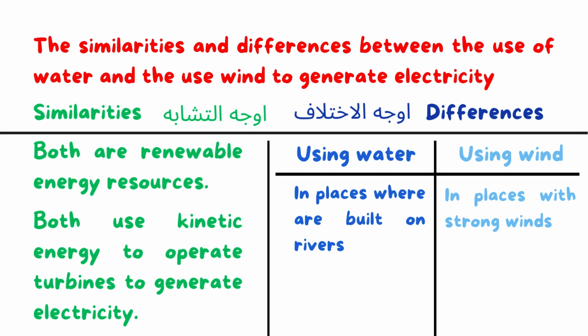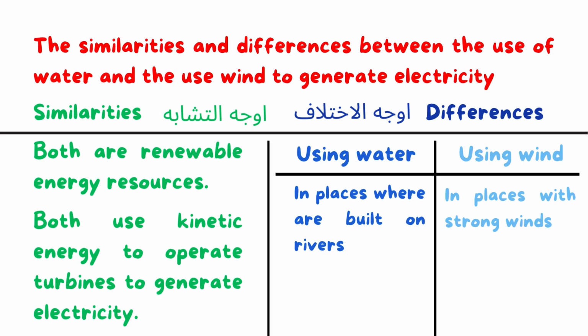And we use wind in places with strong winds: if a place has strong wind, we can obtain electricity from the wind movement. So here are the differences between them.